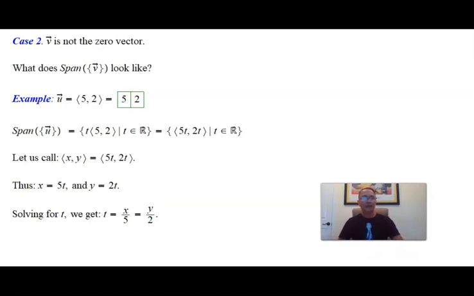Okay, so we have 2 equations for t, and of course, that means that x over 5 has to be equal to y over 2. So thus, solving for y, we get y equals 2x over 5. And of course, that looks like a good equation for the line that we saw in GeoGebra.